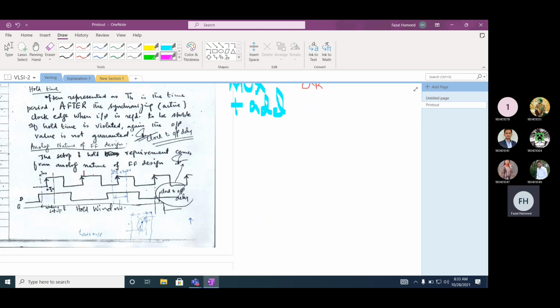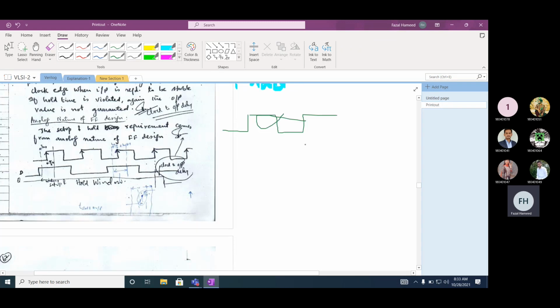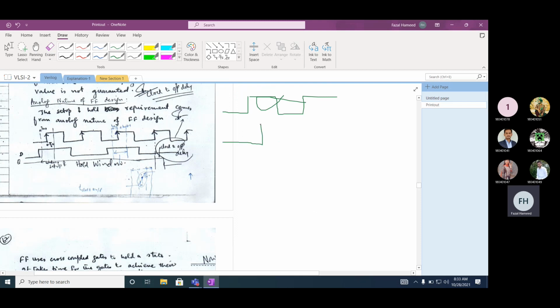Let's assume we have a D type flip-flop with an input D, input clock, and output Q. If you only look at the level of one D flip-flop, I will draw it here.